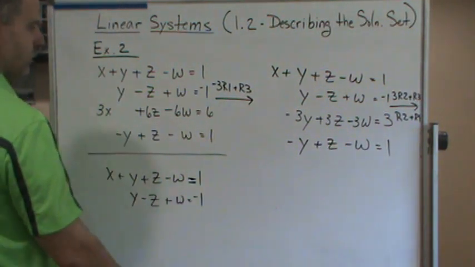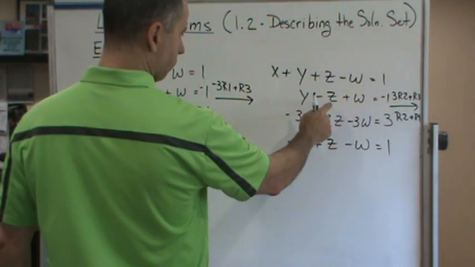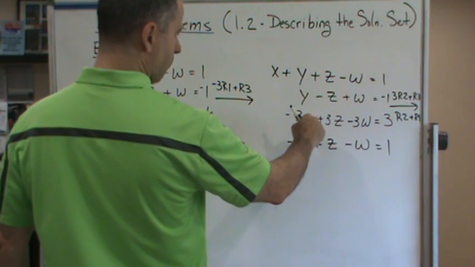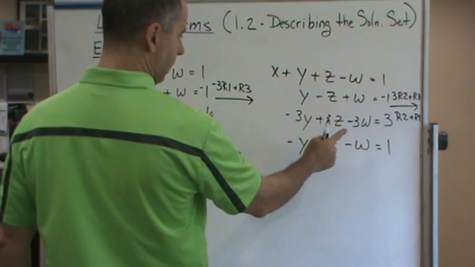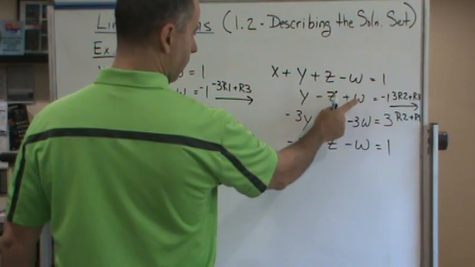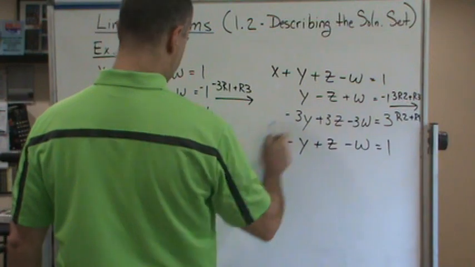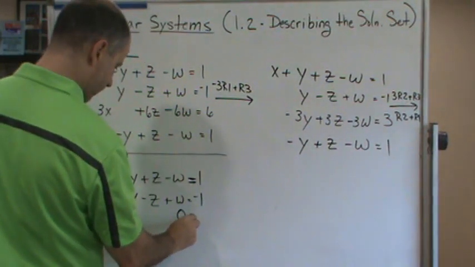And then these y's are going to go away, so we get what? -3z plus 3z is 0. 3w plus -3w is 0. So we get 0 on this side.